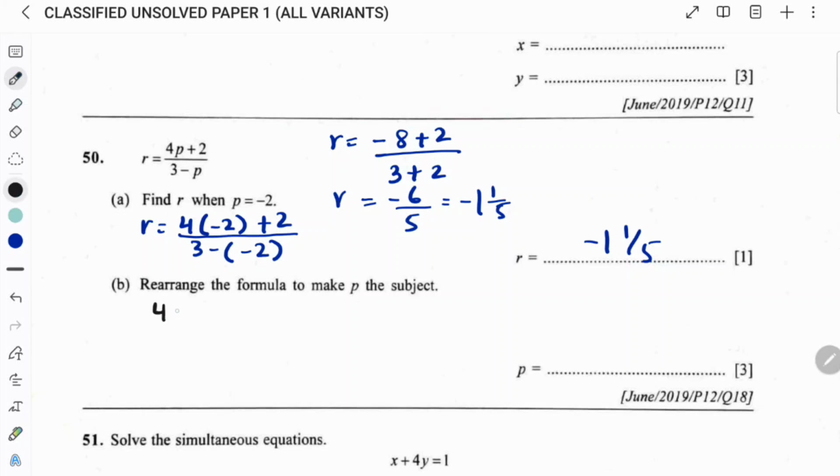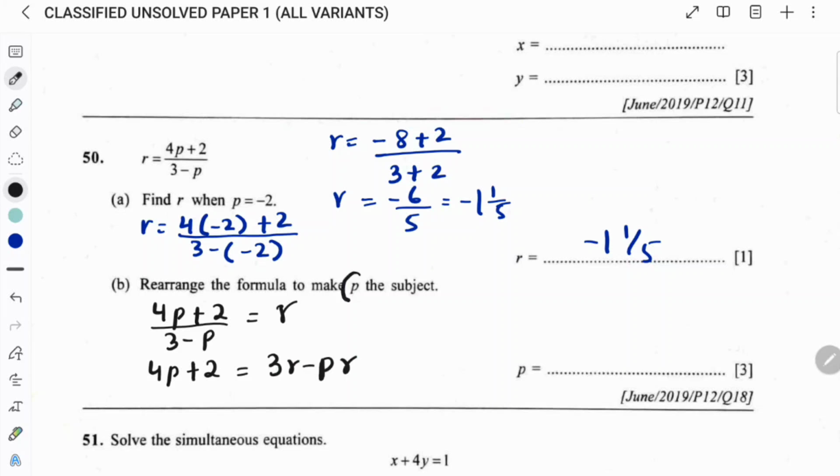So 4p plus 2 upon 3 minus p is equals to r. P is coming 2 times, so we will have to take it common as we did in the other previous part. So 4p plus 2 multiply with r, 3r minus pr.